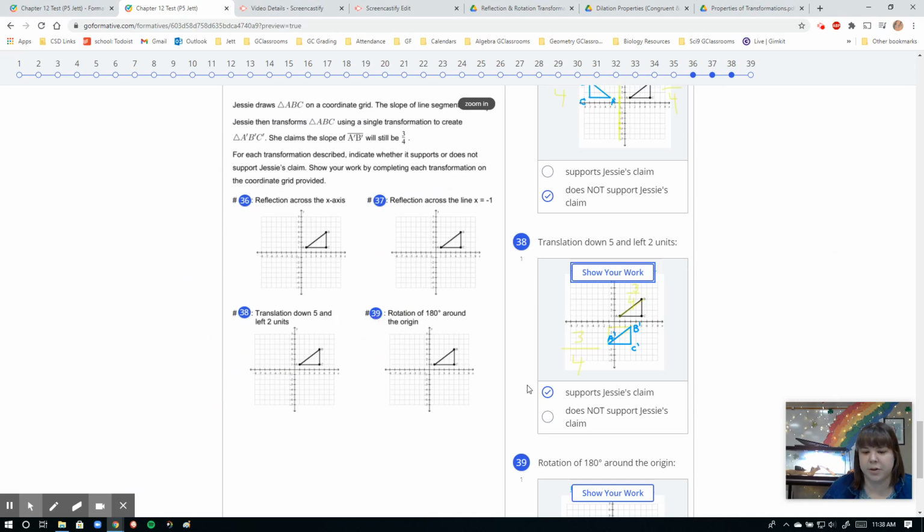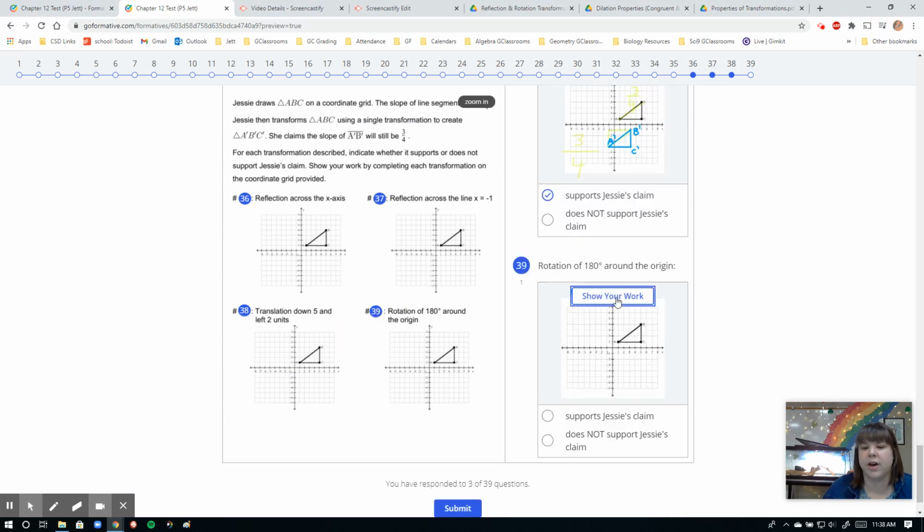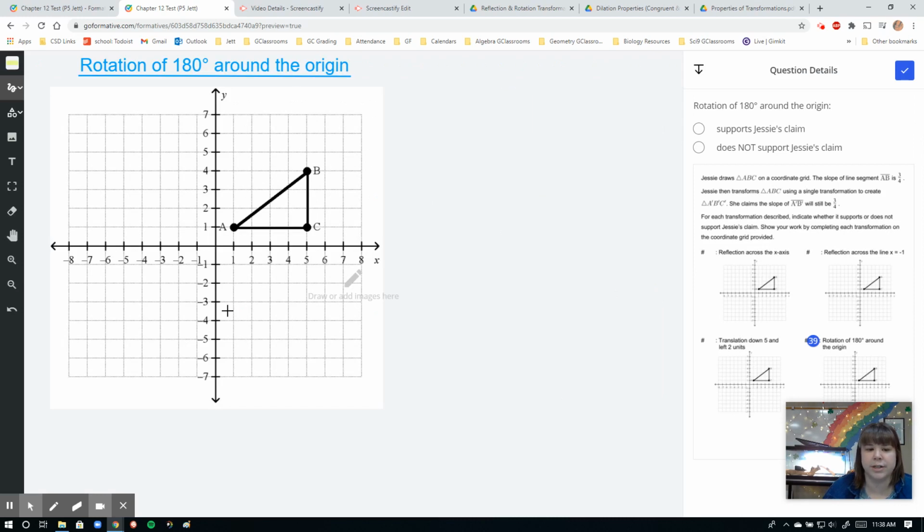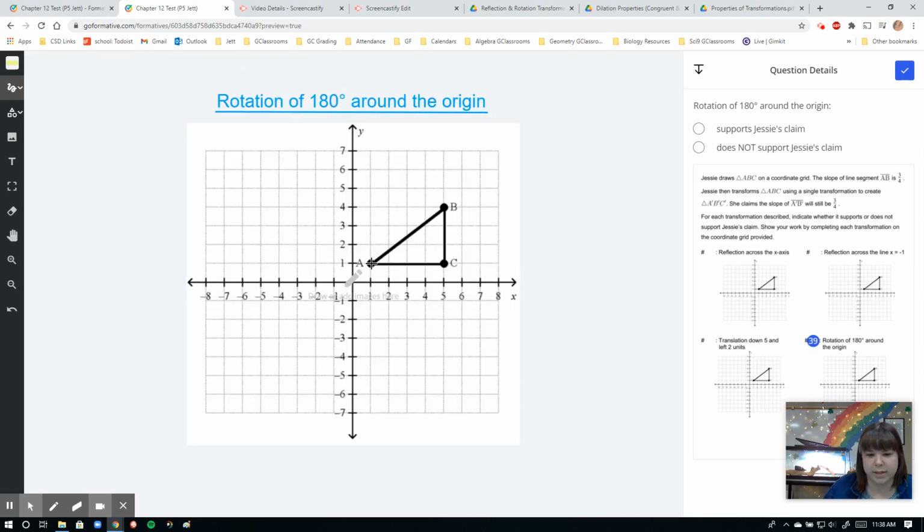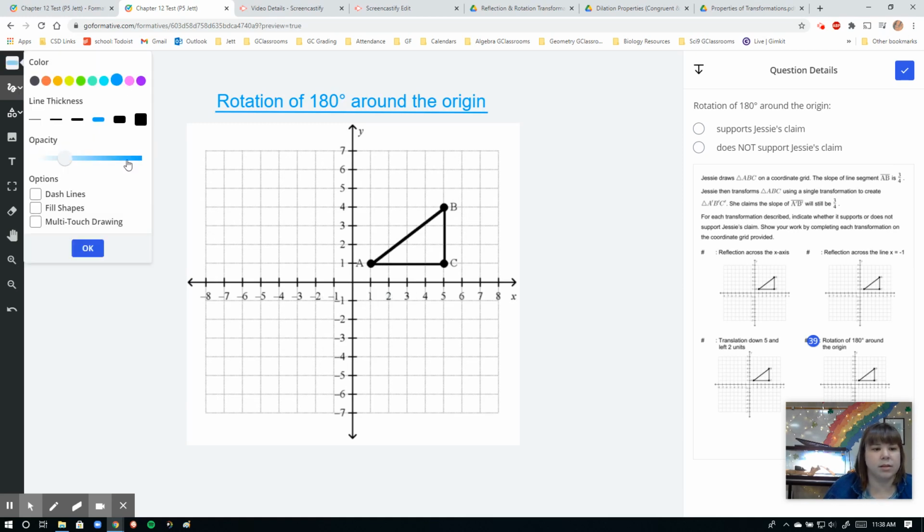Let's go to the last one, number 39. It says a rotation of 180 degrees around the origin. For this one, remember, you're just changing the sign of both your x and y values. So let's plot those points.